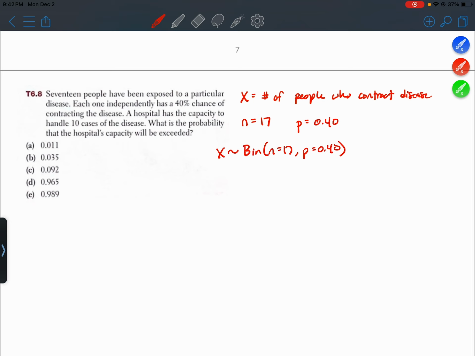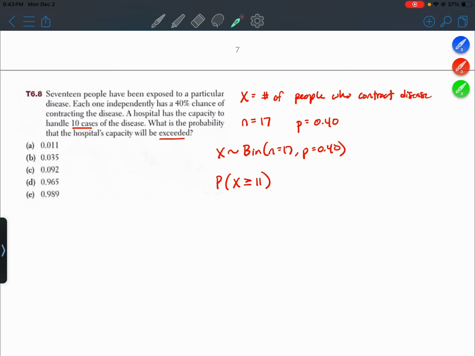Okay. So we want to find the probability that the hospital's capacity is exceeded. So in other words, that we exceed 10. So that means 11 or more. What's the probability that X is greater than or equal to 11? Okay, so there's a couple ways we can calculate this, right?